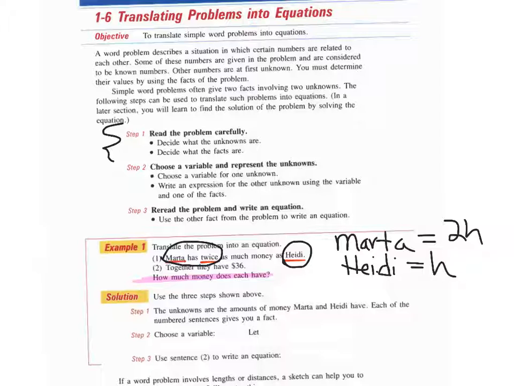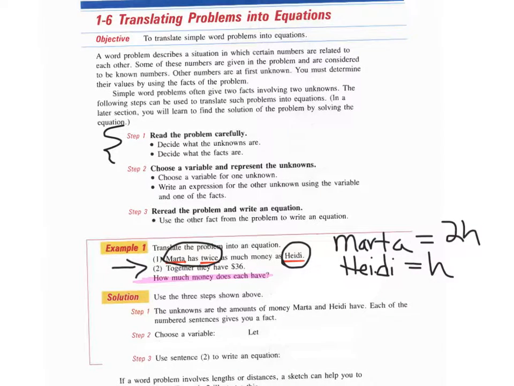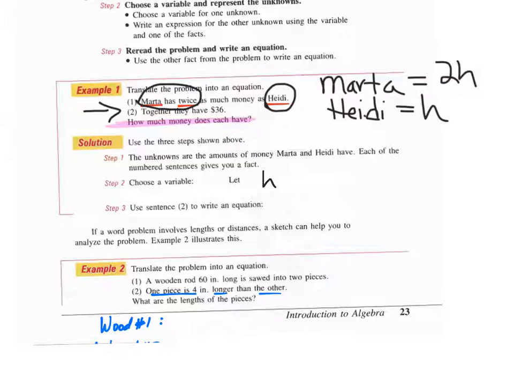All right. So then now we need to write an equation. Now, when it says together they have, what do you think we're going to do with that H and that 2H? Add them. Okay. So our letter here is we're going to let H equals Heidi and 2H is Marta. And then our number sentence or our equation, we're going to add them, Heidi plus Marta, and it equals 36.